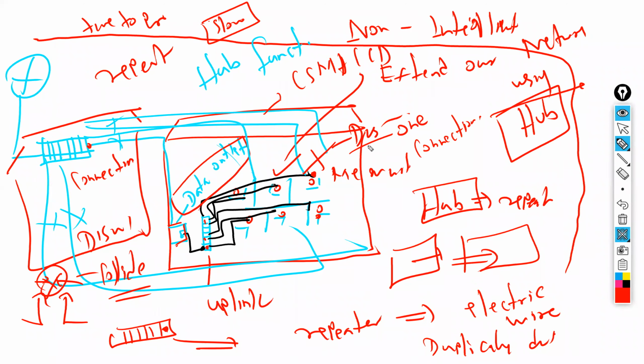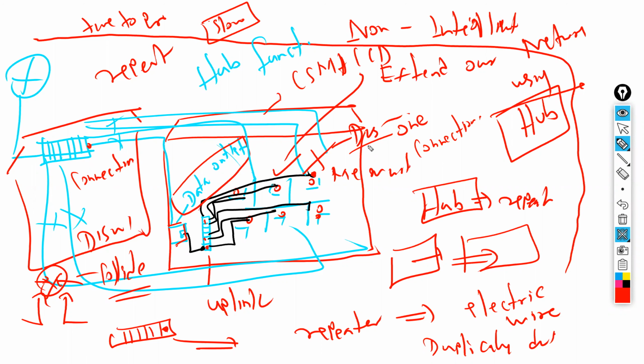Nowadays, hubs are not used at the company level. When you come to companies, they don't use hubs. Why? They know the disadvantage of the hub, because the hub is not an intelligent device. The hub can't identify that I want to send this particular data to only this machine. There is no sense like that.